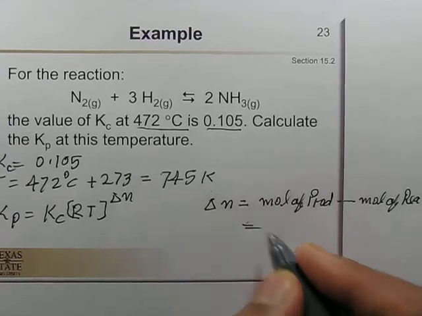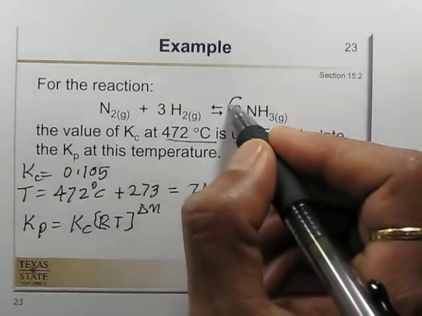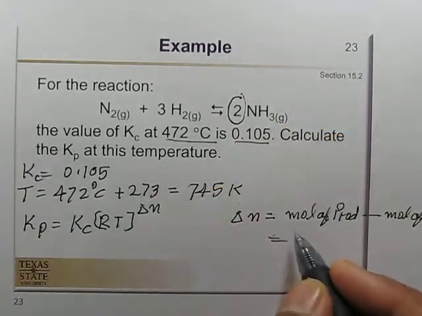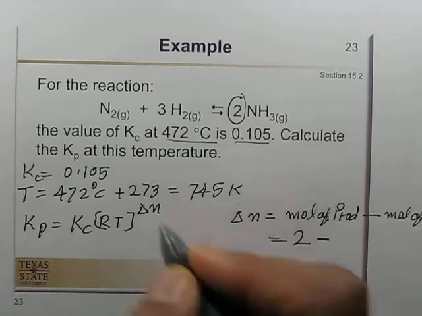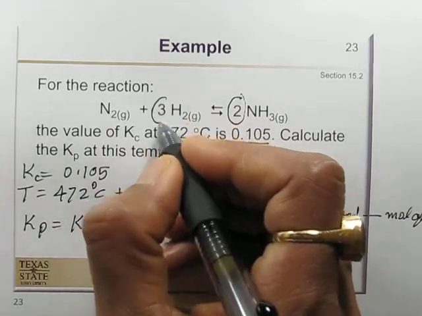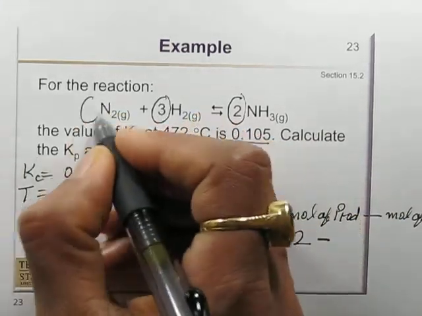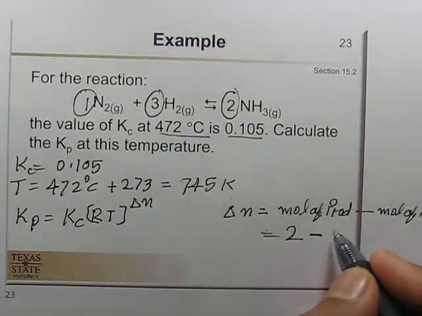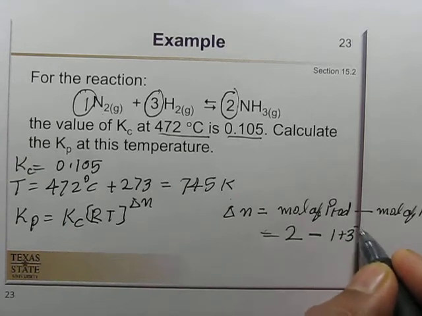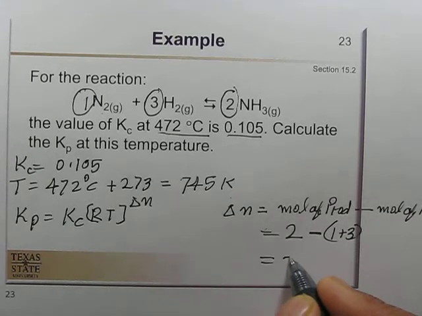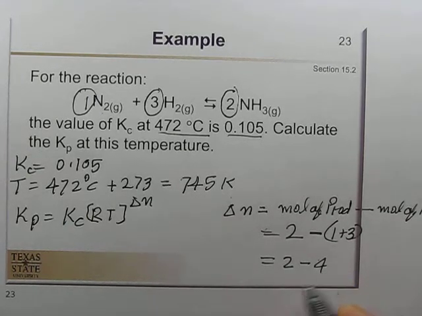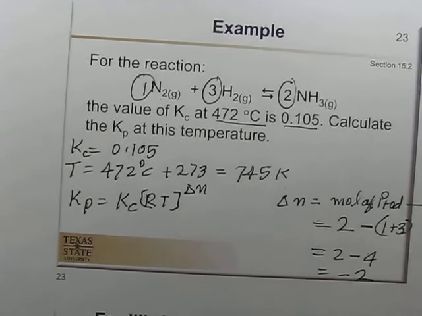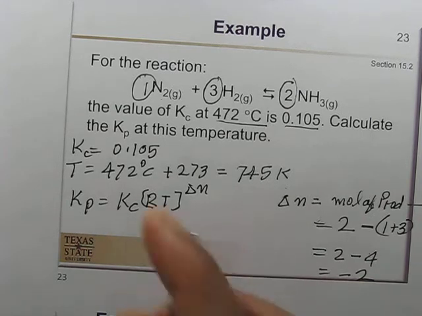How many moles of products are there? Product is ammonia only, so this is 2, minus the total reactant moles, which is 1 plus 3, 4. So 2 minus 4 equals minus 2, right? So delta n is minus 2.